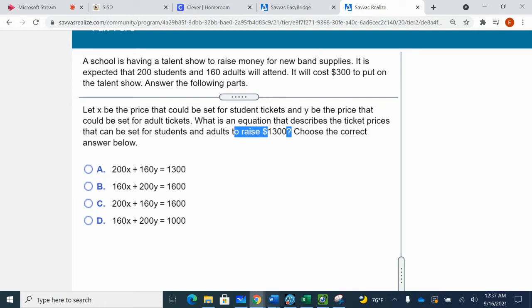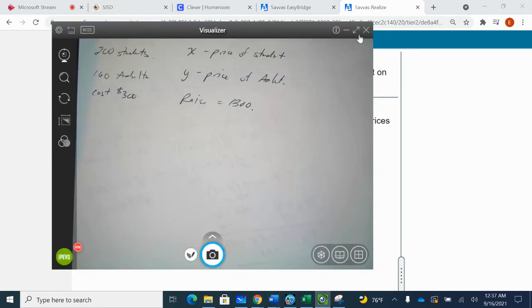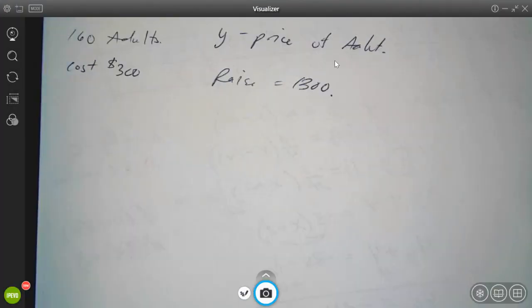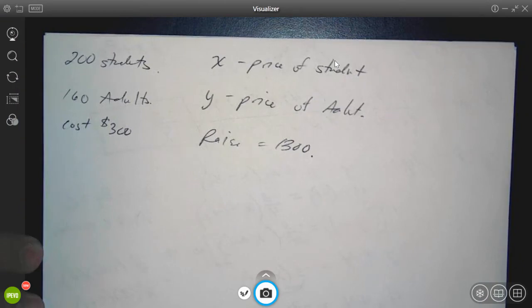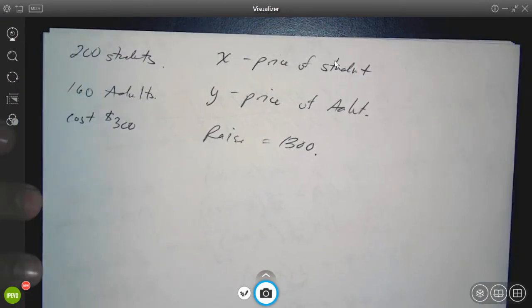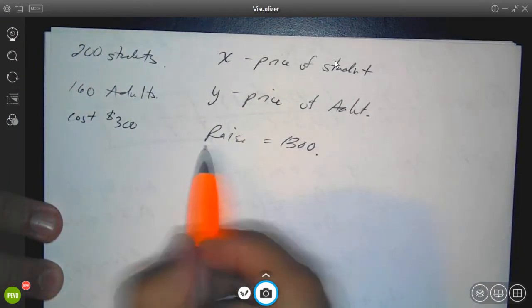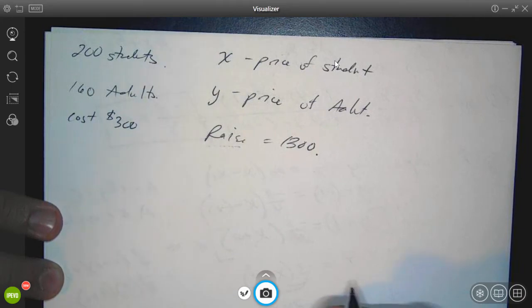Right? So again, here, be very careful, right? Don't just fall into this and start trying to make your own equation right away. You have to be able to understand what you're reading and vice versa. So what happened? Well, we're trying to get a talent show, right? We're trying to raise money, right? So what do we know so far?